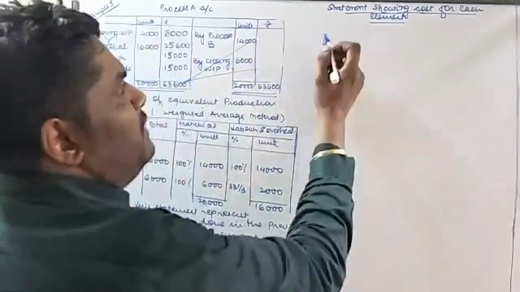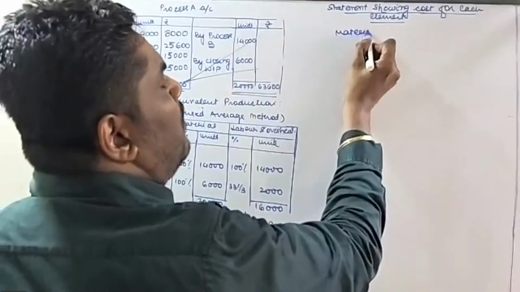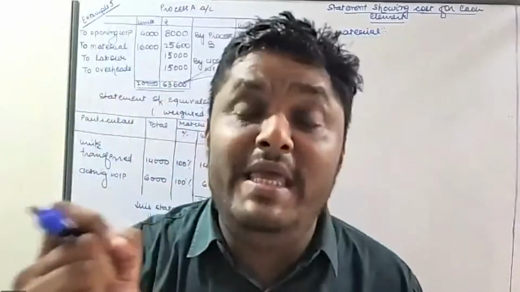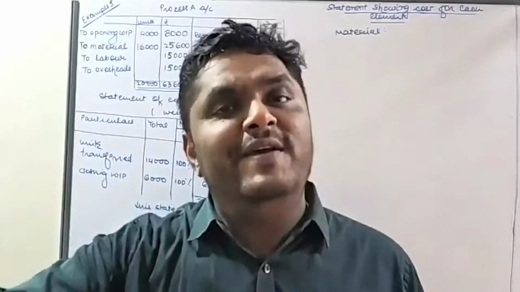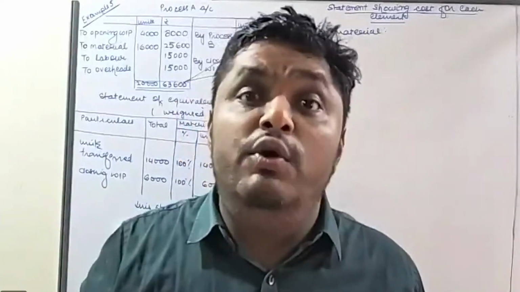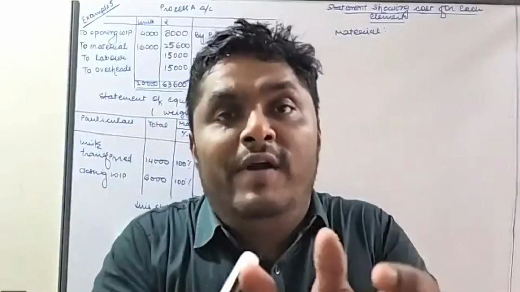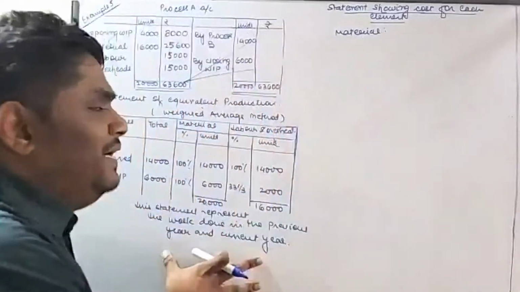So now, when talking about the calculation of cost for each element, see, when talking about material cost, again, see, इसमें equivalent number of units किसके हैं? The work that is done during the previous year and the work that is done during the current year. So, when talking about the cost also, we will take the cost of the previous year and the current year. इसमें units भी हमने total लिए हैं.